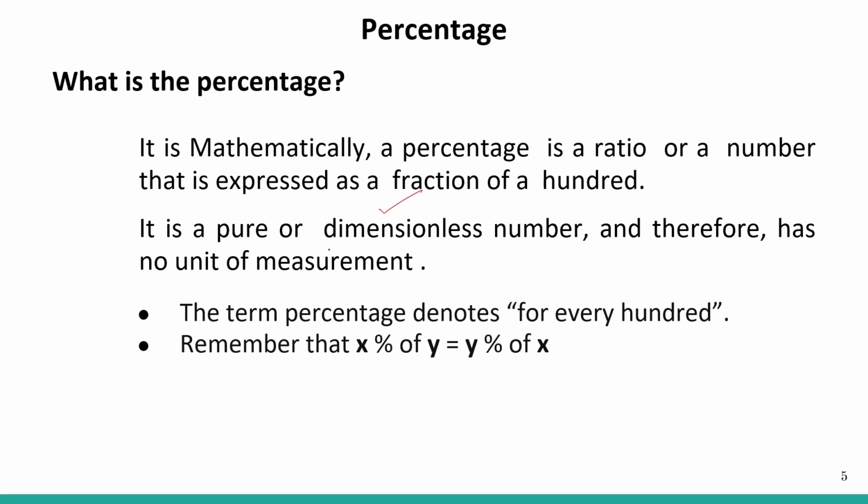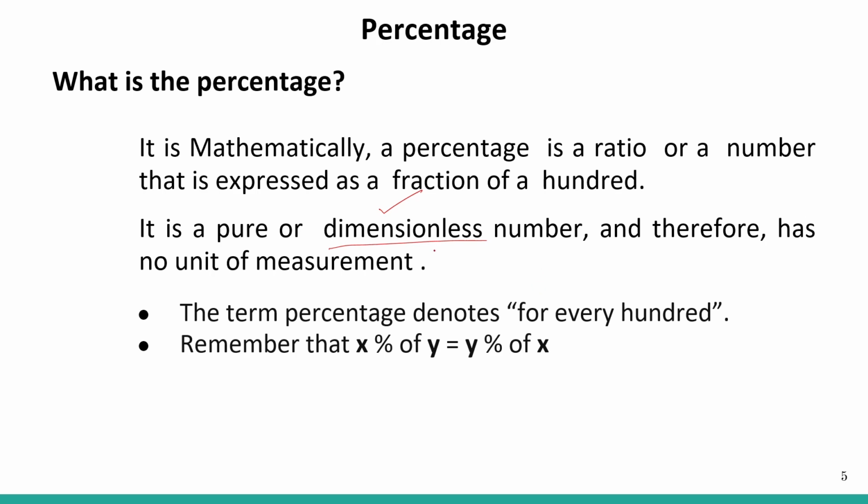So the number is actually dimensionless here. You just put a percentage symbol after a number, and it doesn't represent any dimension or unit. Just like you say 2 kilometers or 2 meters or 2 centimeters, there is nothing like that in terms of percentage. You just say 2%, 3% or 7%. You never say any unit after that.